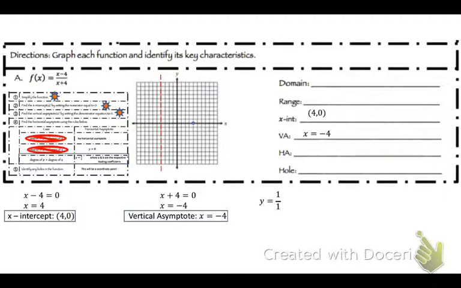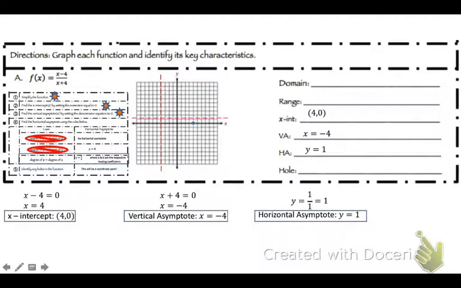My leading coefficients, x minus 4, the leading coefficient is 1. X plus 4, the leading coefficient is also 1. So that's going to be y equals 1 over 1, which is just 1. So I'm going to go up to 1 on my graph. So my horizontal asymptote is y equals 1. Then go up to 1 and draw that asymptote right there.